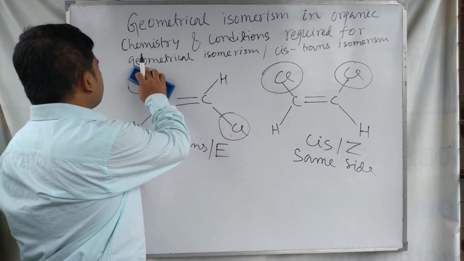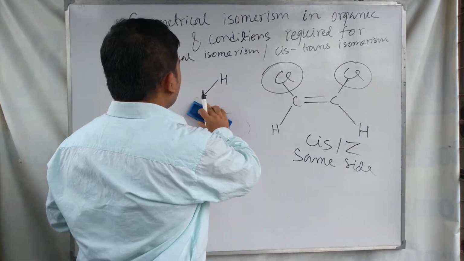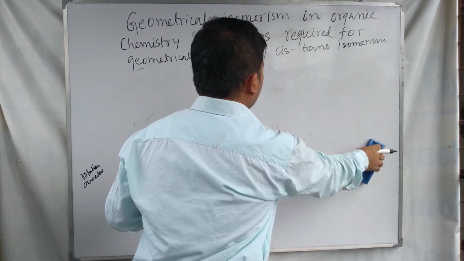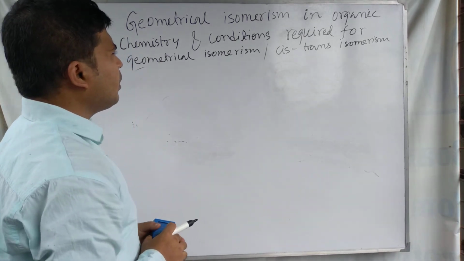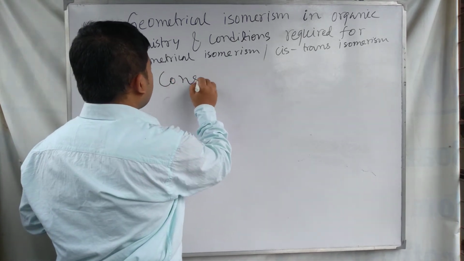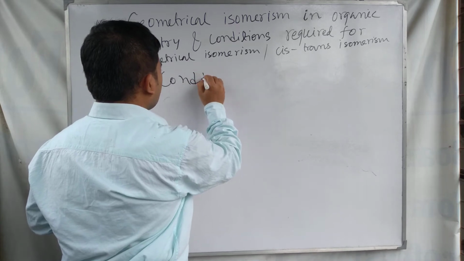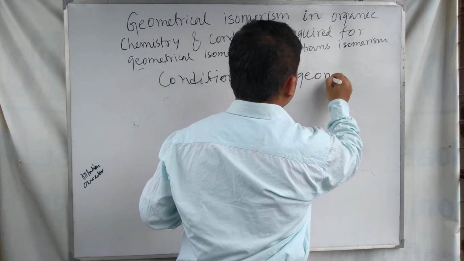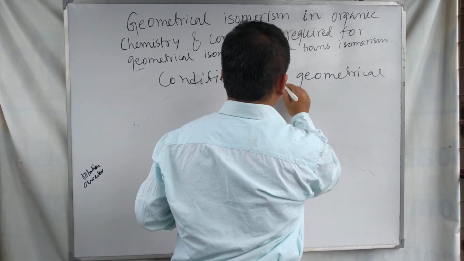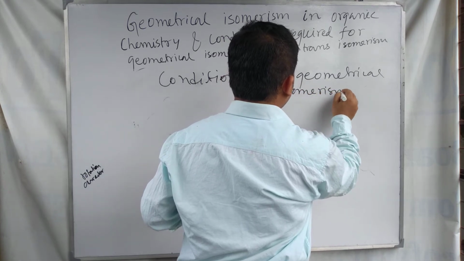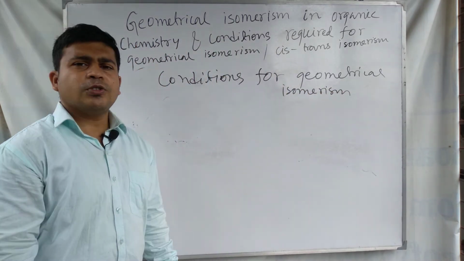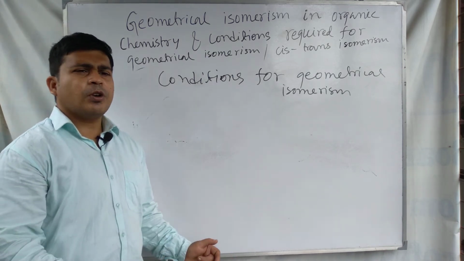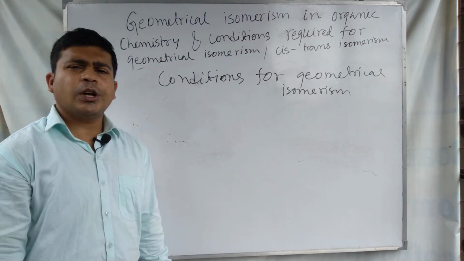Now at first we have to know the conditions required for a molecule to have geometrical isomerism. Not all double bonded compounds, meaning carbon-carbon double bonded compounds, show geometrical isomerism.